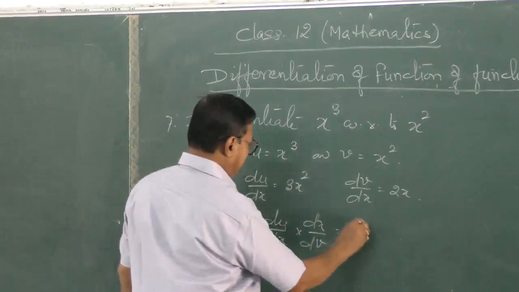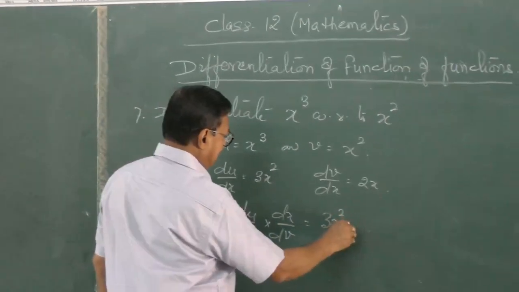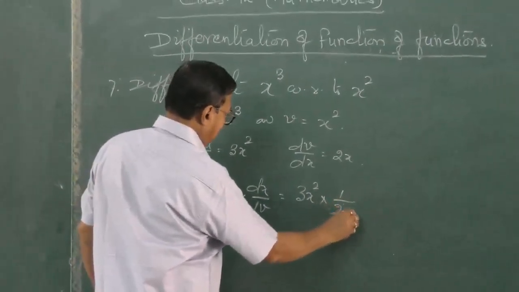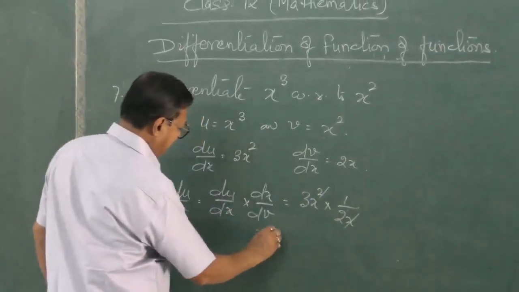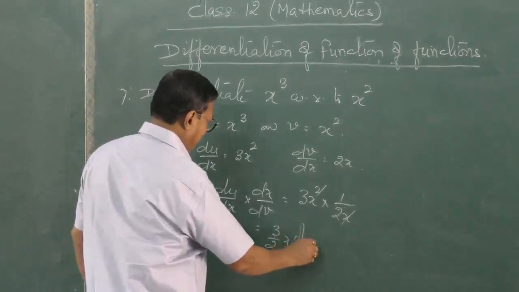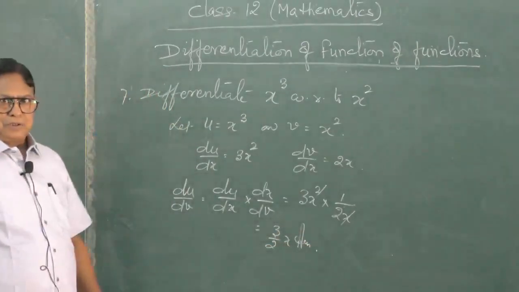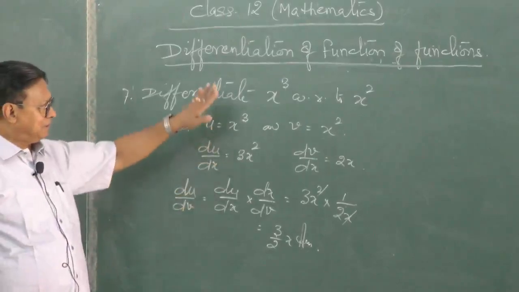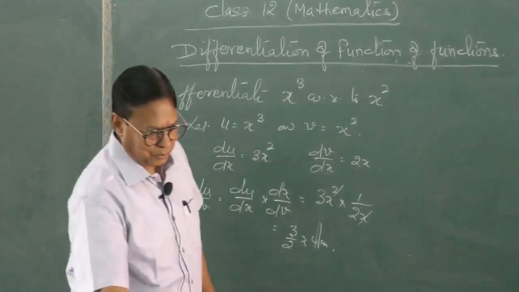So du by dx is 3x square and this is 2x. So that's again very simple, but just a little part of it. I just go on to another one.